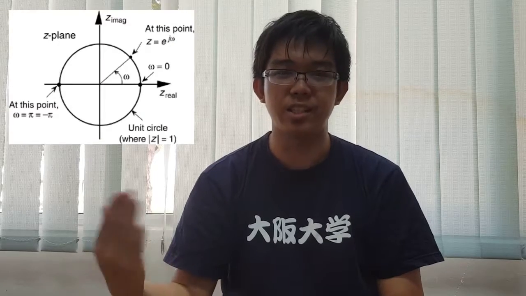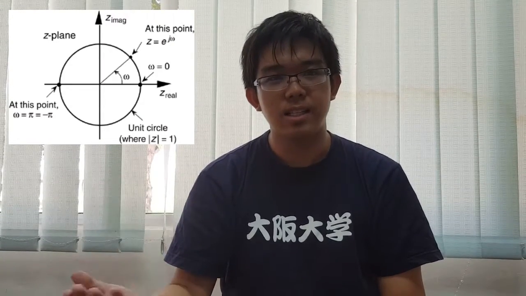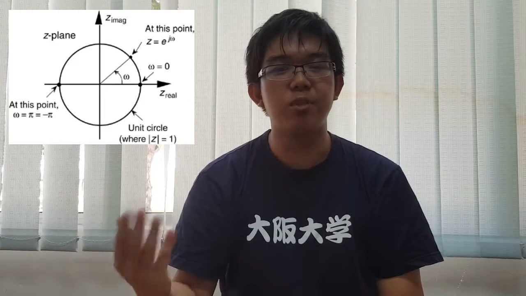Next, I would also like to talk about the Z-plane, which is the second use of the complex plane. The Z-plane is the discrete-time version of the S-plane. The third use is power description.